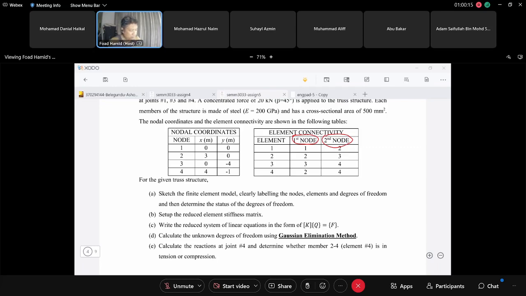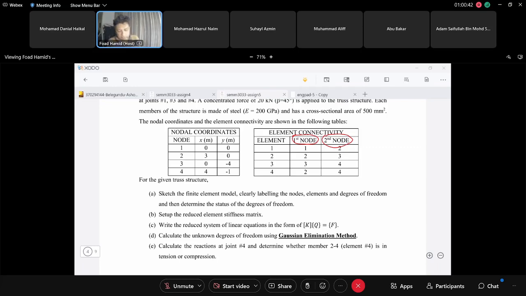Okay, so we need to draw the element, every single one of them. All right, wow, my PC is very, very slow. Okay, I have my solution here.